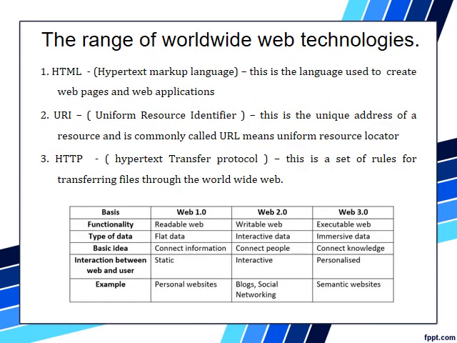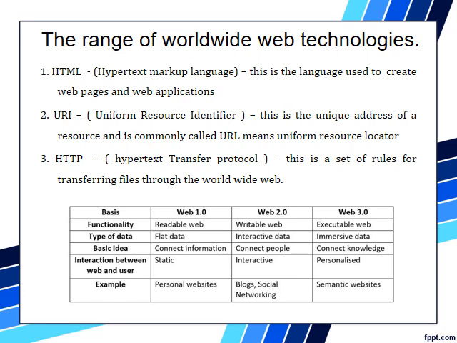The range of worldwide technologies. The first one is HTML, which means hypertext markup language, and that is the language used to create web pages and web applications. The second one is URI, Uniform Resource Identifier. This is the unique address of a resource and is commonly called URL, meaning Uniform Resource Locator.